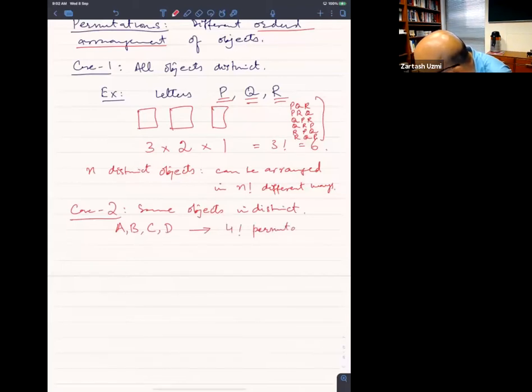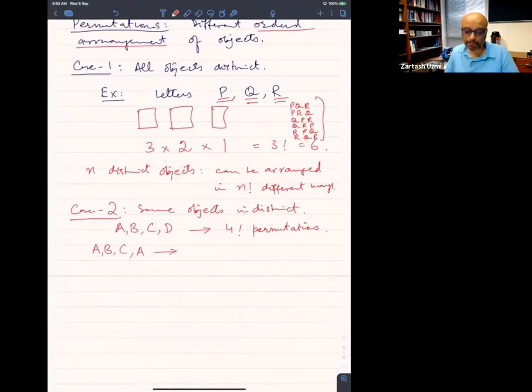If I tell you that you have A, B, C and one more A, now how many different possible permutations? How many different possible permutations?